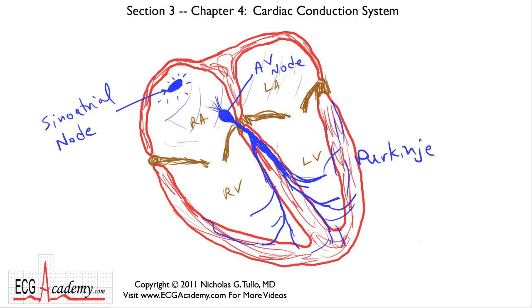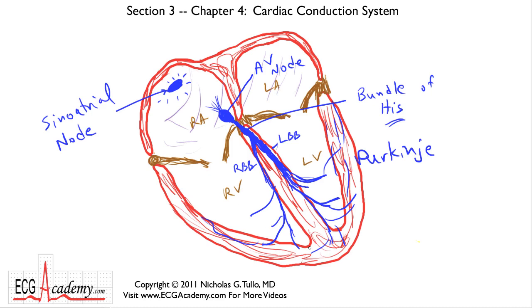Now, this very large branch of Purkinje fibers that are bundled together is known as the left bundle branch. And this is the right bundle branch. And in the center of the heart, up here where those two bundle branches come together, this is known as the main bundle of His. Now, women do not have a bundle of hers. It's just the bundle of His, named after the doctor who described it.